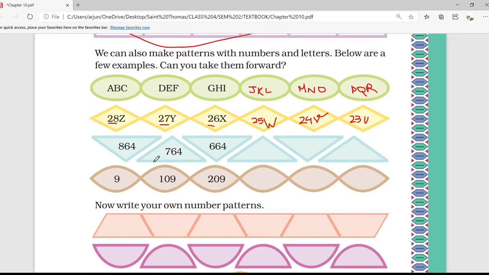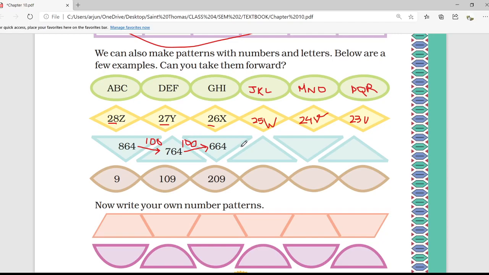864, 764, 664. So now you can see from 864 to 764 they have subtracted 100, right? Now from 764 to 664 they have subtracted again 100, right?